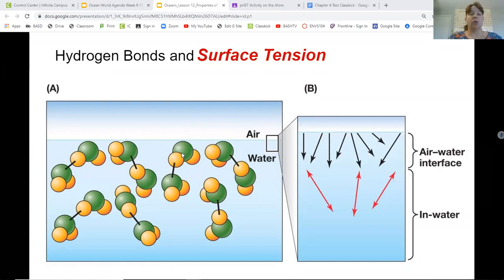This actually results in a pulling down effect. That's why you see the edges pull down when there's edges to something. It also creates like a thin skin layer on top of the water called surface tension. So it's a pulling down effect.